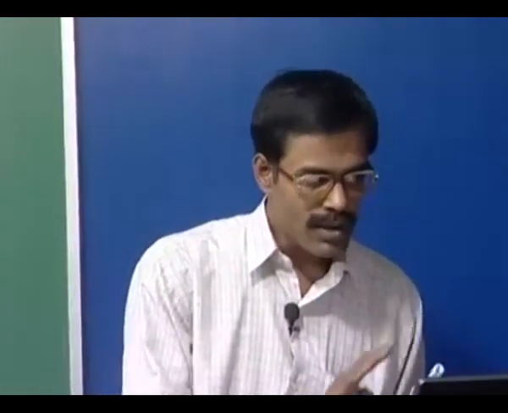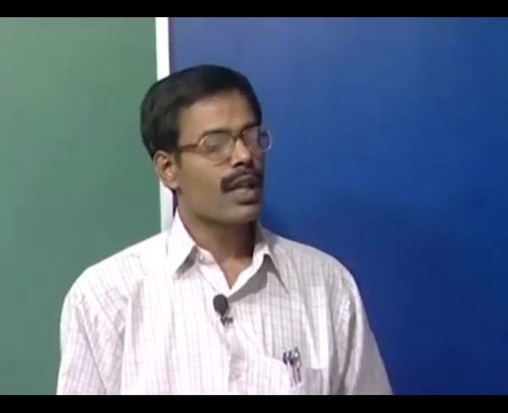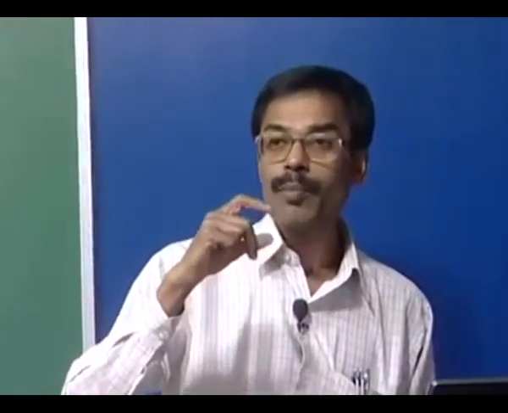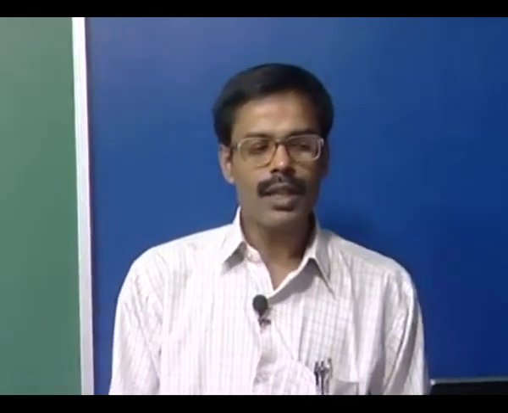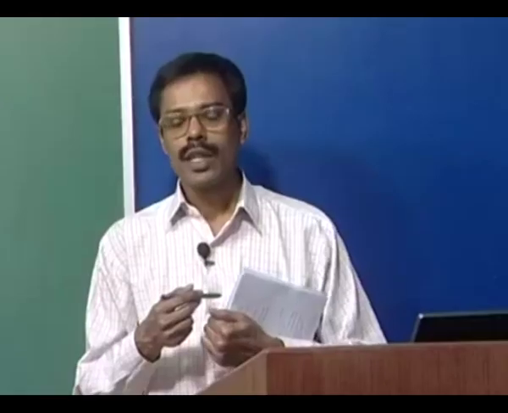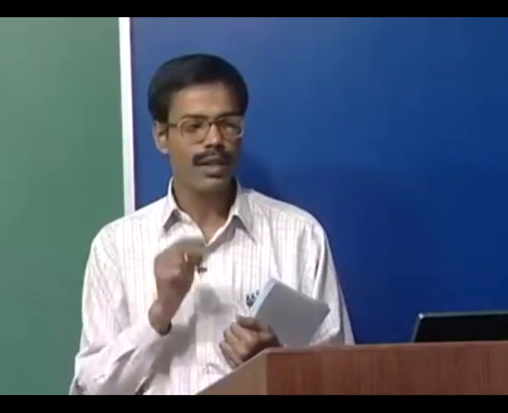Now, with this much theoretical background of constraint optimization theory, let us quickly have an overview of the type of methods that we use for solving constraint problems. Typically, for a problem of n variables with m active constraints, you can classify the different nonlinear optimization algorithms into 4 classes, depending upon the dimension of the space in which they conduct the search.